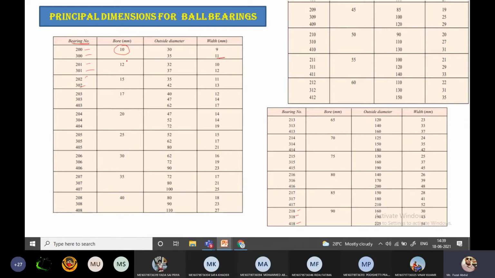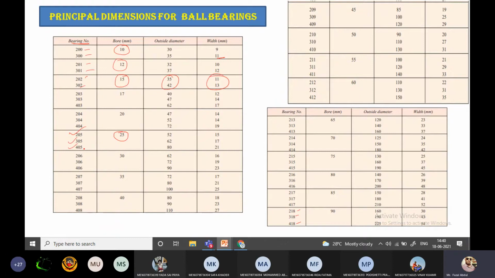Instead of remembering all these values, we just calculate the bore diameter as I said just now. In the previous case we got 25, so by seeing 25 we can conclude that the bearing series can be 205, 305, or 405.